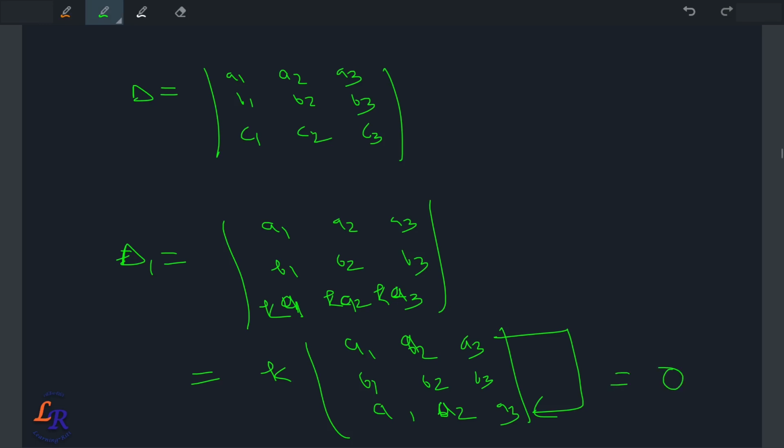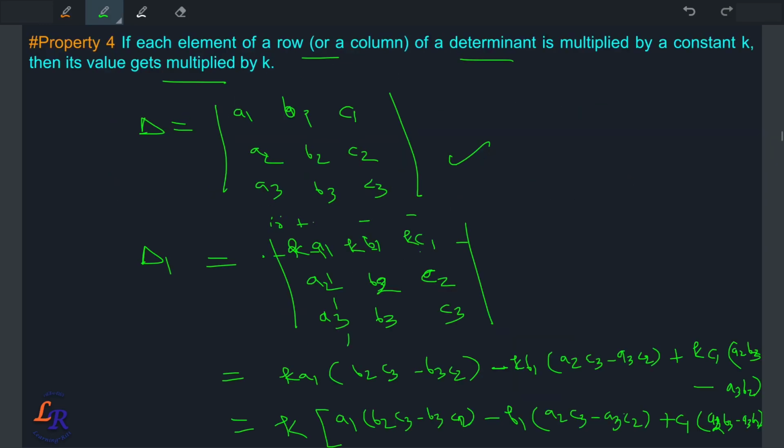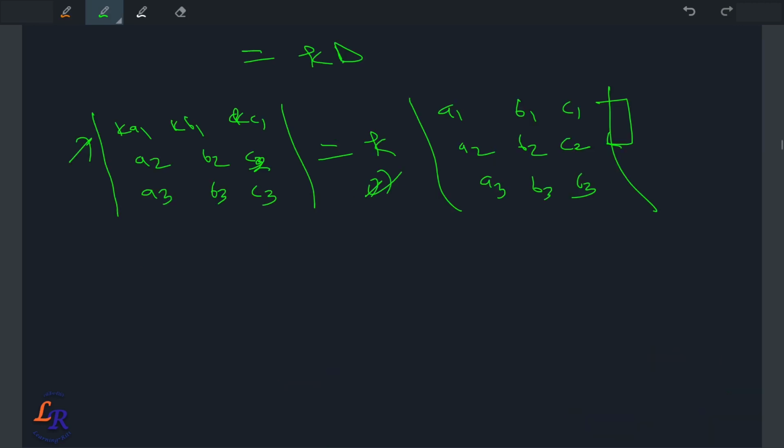So you see that if any determinant has any two rows with proportionality with a certain constant value, then its value will be 0. So that's another interesting property, a corollary of the earlier one.